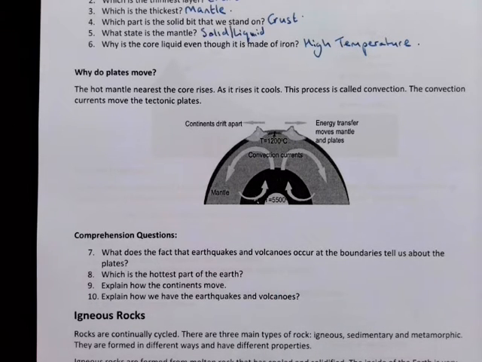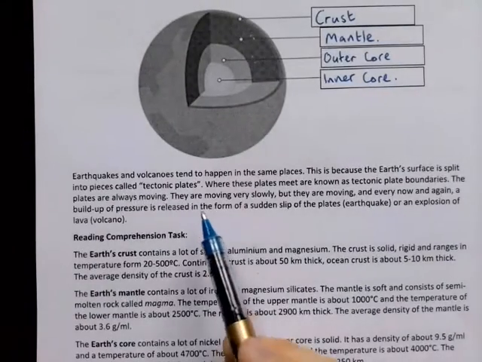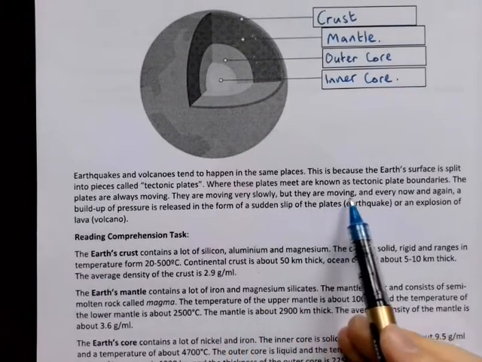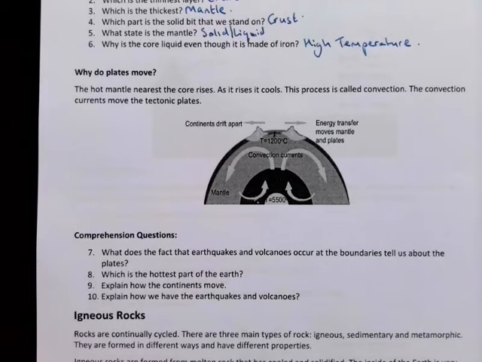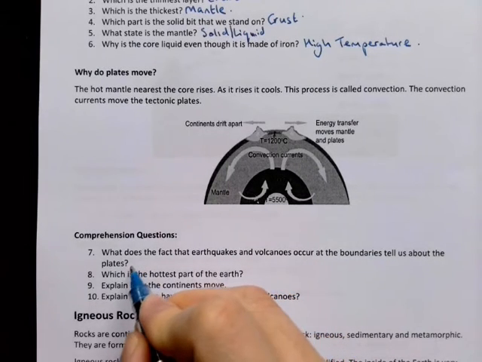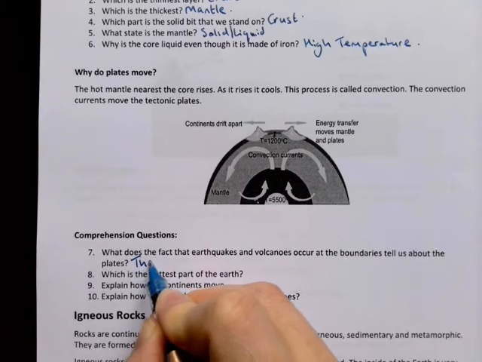We should have seen that they are moving very slowly, but they are moving, and every now and again a buildup of pressure is released in the form of a sudden slip of the plates or an explosion of lava. So what it tells us is the plates are moving.